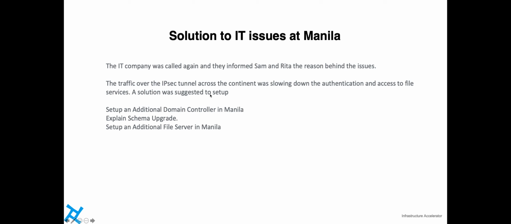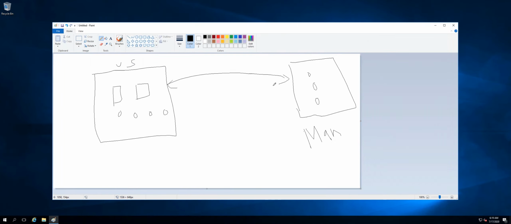A solution was suggested, and that was to set up an additional domain controller in Manila and an additional file server in Manila. So they said, why don't we set up a domain controller and file server here, considering this is the domain controller and they can replicate to each other, and this file server can replicate to each other, and this replication can happen over this IPsec link, because even if there is a bit of a delay in the replication, the users will not feel that, because at least they will be able to work on the local servers.